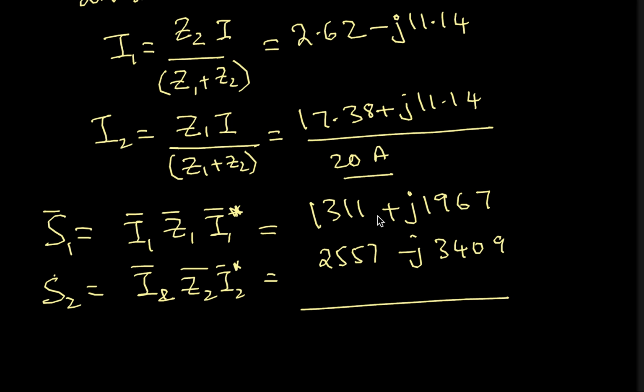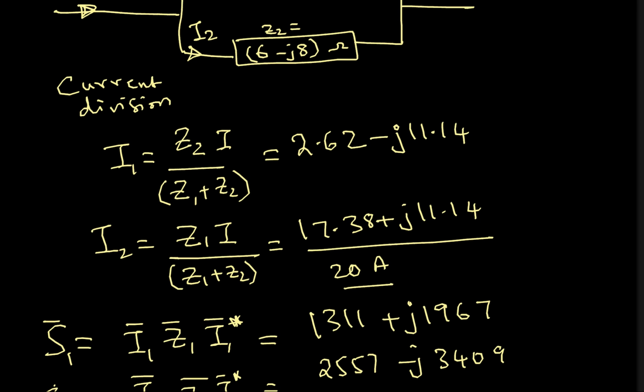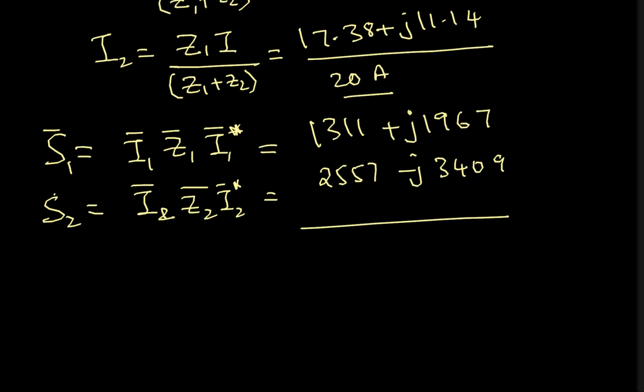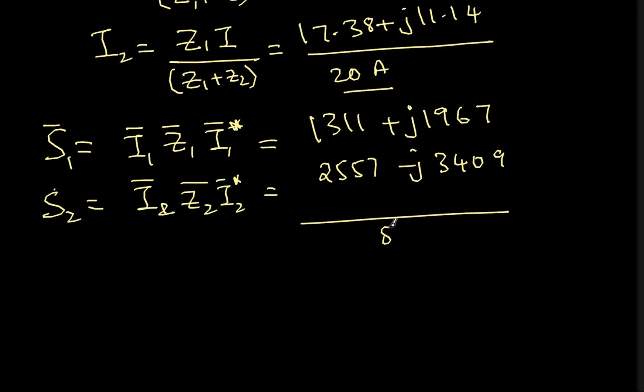So you notice that the first branch is consuming reactive power, whereas the second branch is producing reactive power. If you go up, the second branch has a capacitance, minus J8. That means it is producing reactive power. If I add these, this will be 3.868 kilowatts, or this one is in watts.